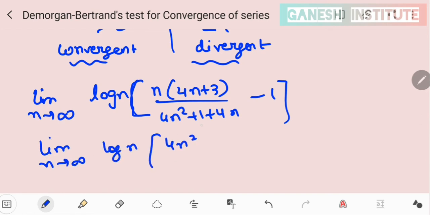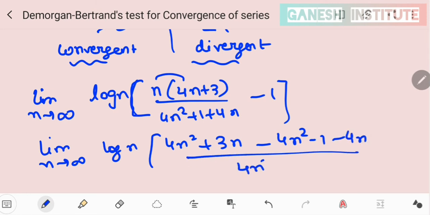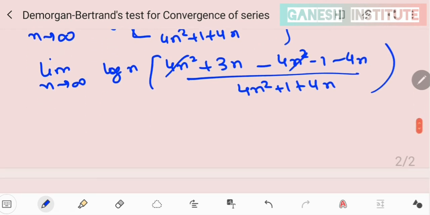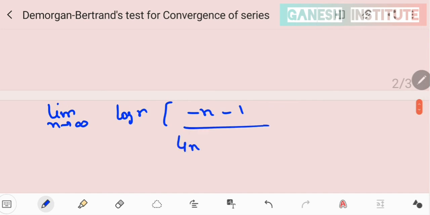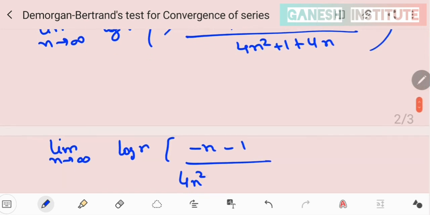So 4n square plus 3n minus 4n square minus 1 minus 4n by 4n square plus 1 plus 4n, right? So this again got cancelled. What you have got? Log n, here minus 4n plus 3n is minus n, here minus 1, and in the denominator you have 4n square plus 1 plus 4n, right?